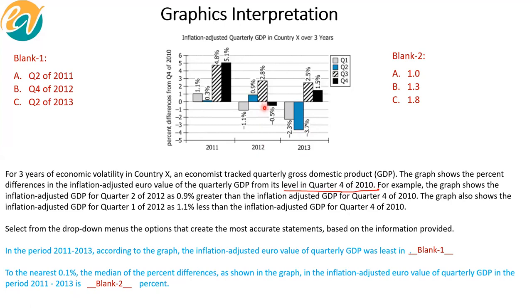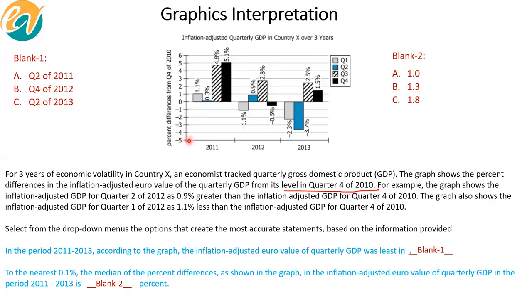Similarly, for example, this one, quarter 3 in 2012 had 2.8% more GDP than that of quarter 4 in 2010. Everything is with respect to this, right?